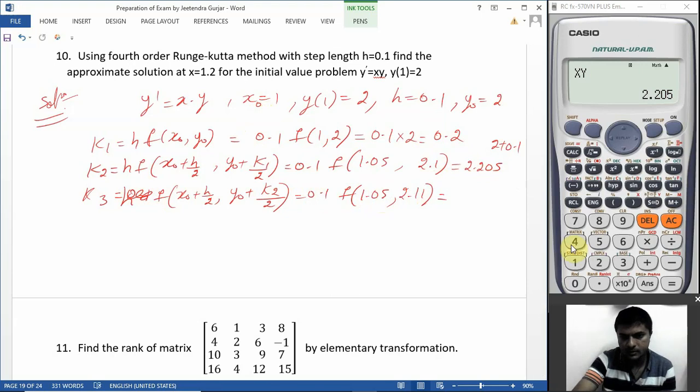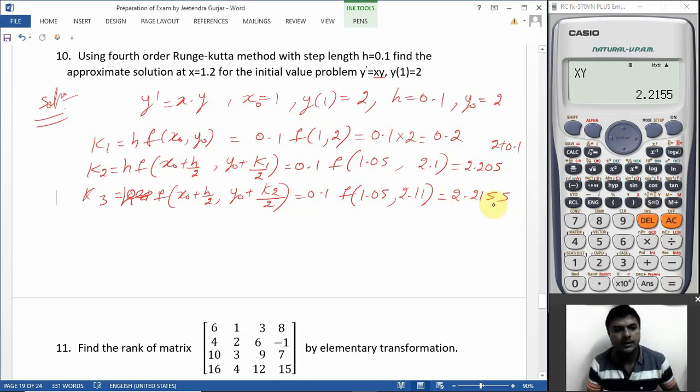Okay. So again, without wasting the time, substitute the value, students, in the calculator. Multiply here 0.1. Please note down. Multiply 0.1. You will get answers.